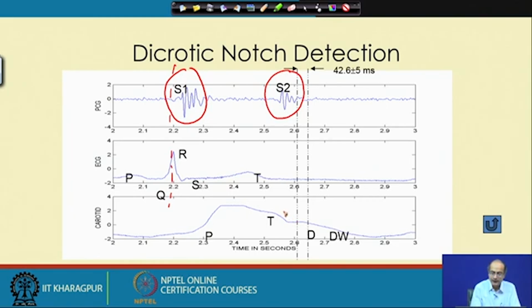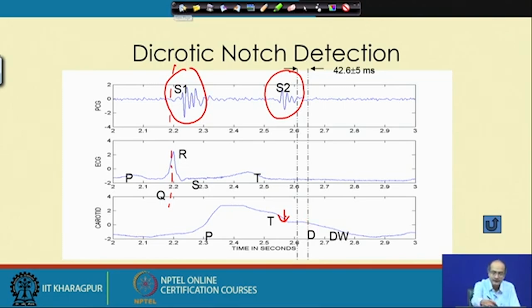So, there is a notch created. We try to find that notch in the carotid pulse, and we know there is some time difference between S2 and this carotid pulse. With the help of that we can find out S2.